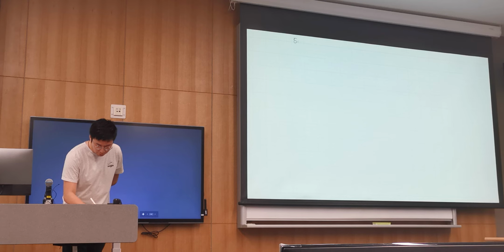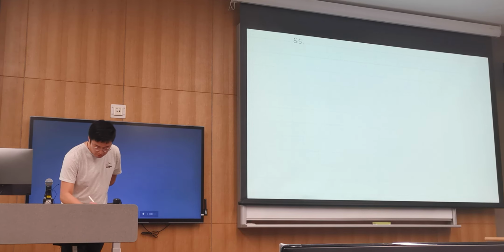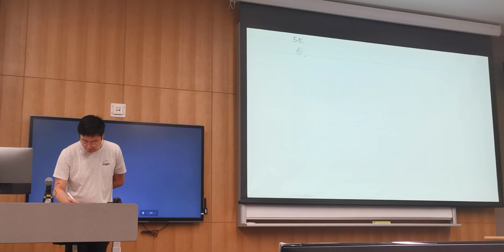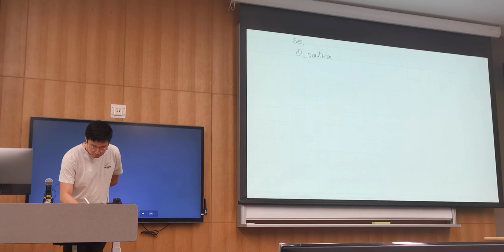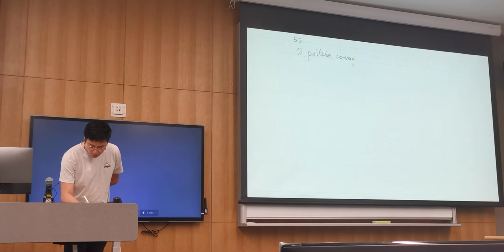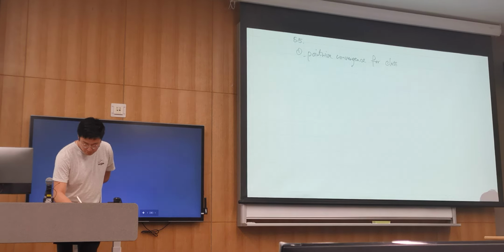So again, what did we exactly prove? We started from 5.5, and what we exactly proved, the first part, was the pointwise convergence for classical Fourier series.